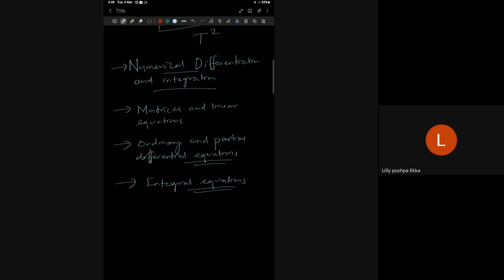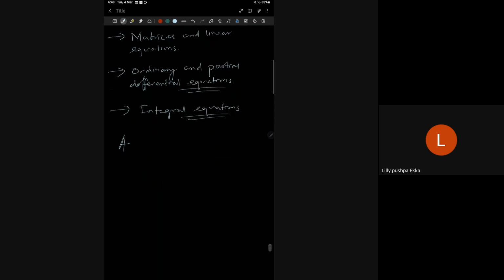So approximation leads to something called error. Approximation leads to errors. So this is not exact, you know.